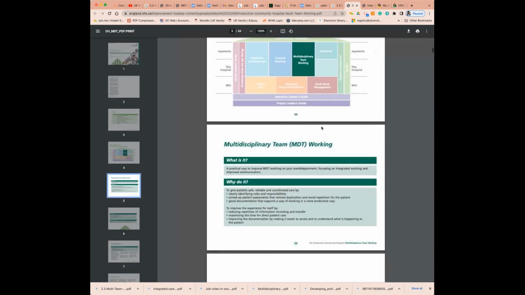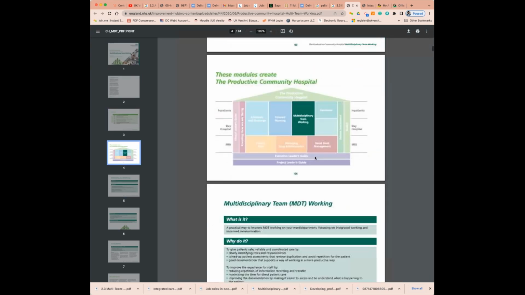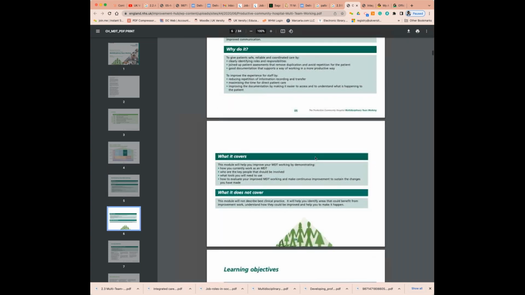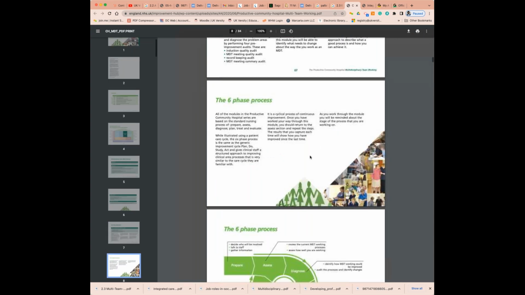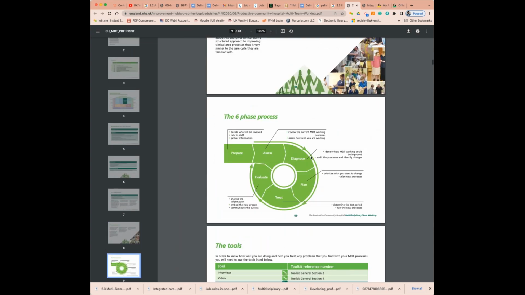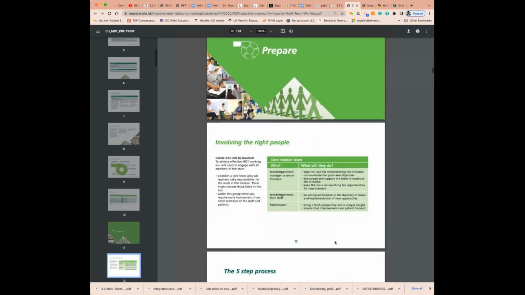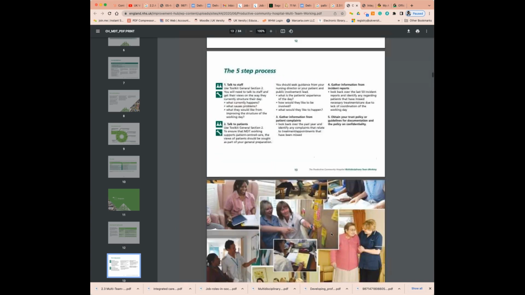It's a case study which has been done in one of the community hospitals of the NHS, but it very clearly describes how to lead an MDT which is able to deliver on the objectives of integrated service for patients receiving care at the hospital. So this 6-phase process is explained quite nicely in this document, and I would suggest that you go through it in a bit more detail, which will allow you to complete this particular assessment criteria 2.3.